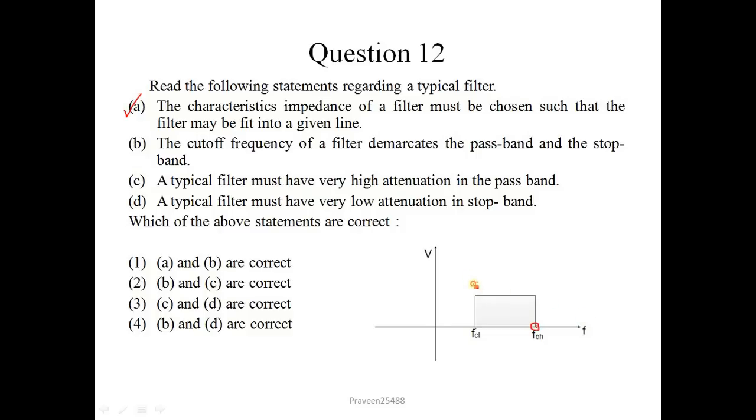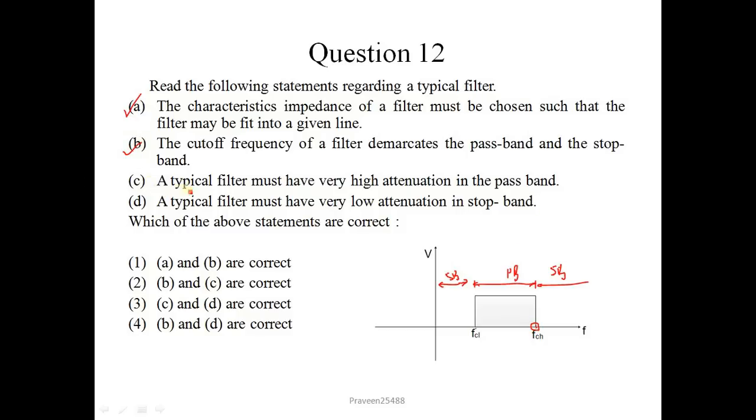This is our pass band and the rest is stop band. Okay, so this is also stop band. So from this band we extract the information. So our cutoff frequency demarcates the pass band and the stop band. So this statement is also correct.